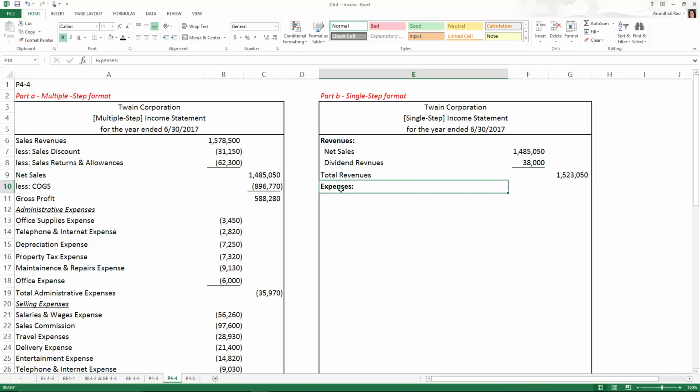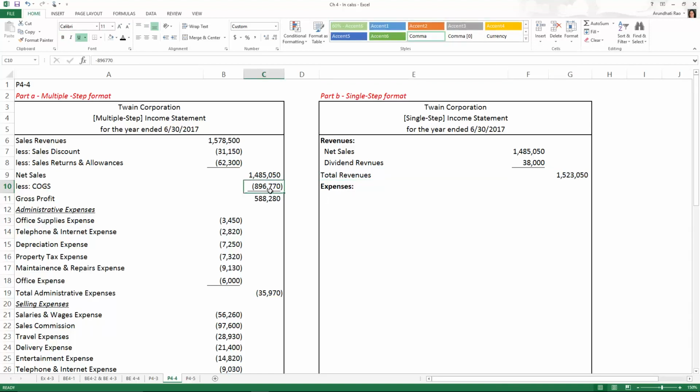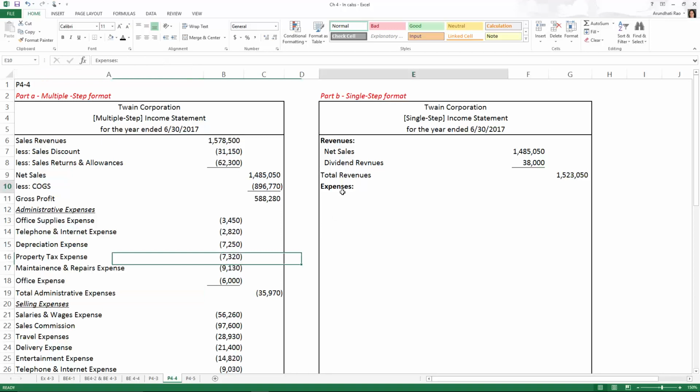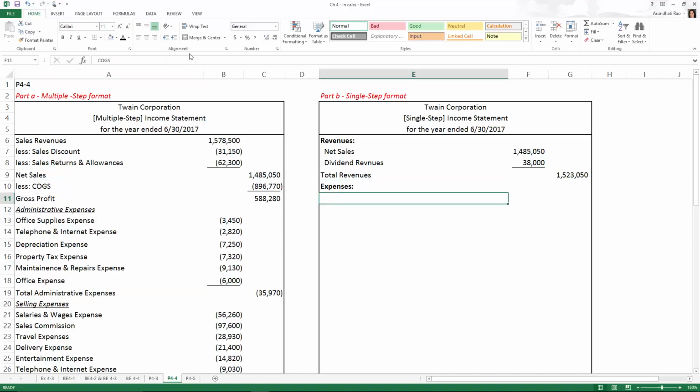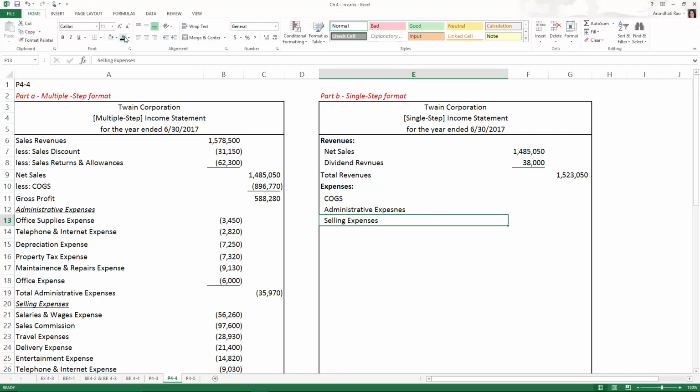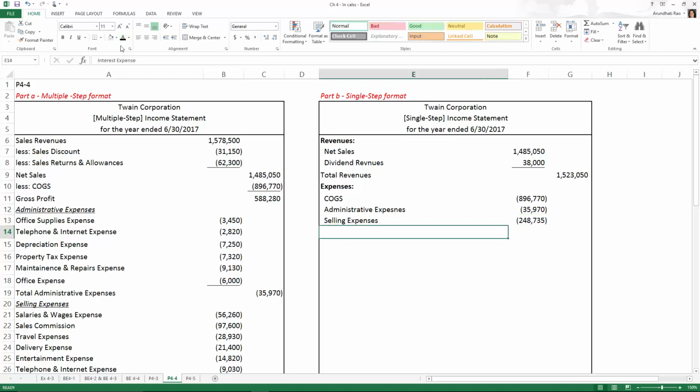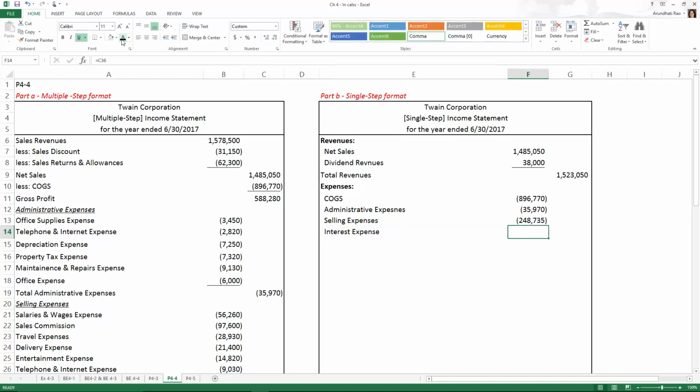My expenses, what am I going to list? I'm going to list cost of goods sold. I'm going to list my total administrative expenses, total selling expenses. So let's go down the list. I have cost of goods sold, administrative expenses, selling expenses. I'm going to list each one of these expenses over here. I will also list the interest expense.